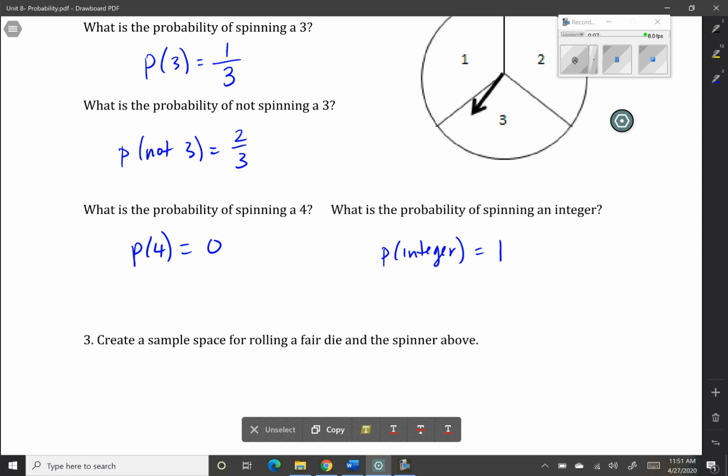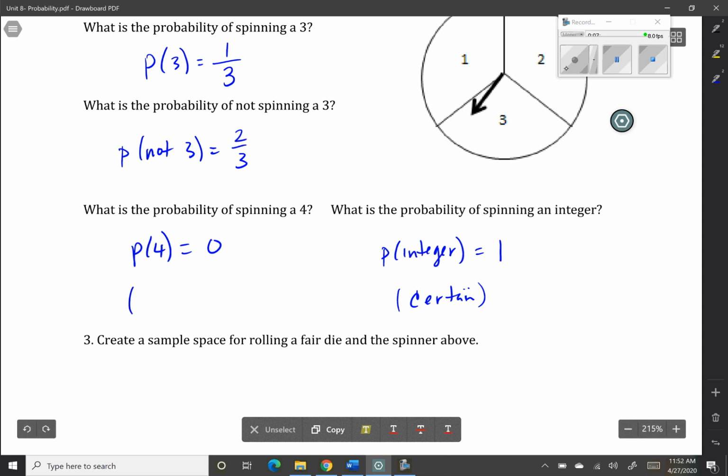Now, these 2 things have special names, right? When something has a probability of 1, we call that something that is absolutely going to happen. Because we know it's going to happen, we call this a certain probability. We're certain it's going to happen.